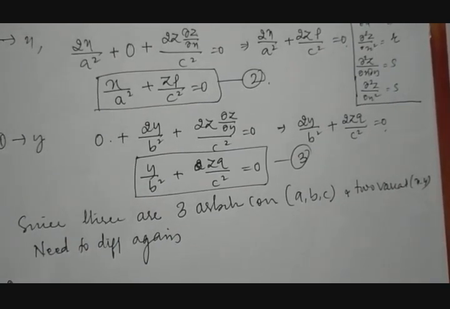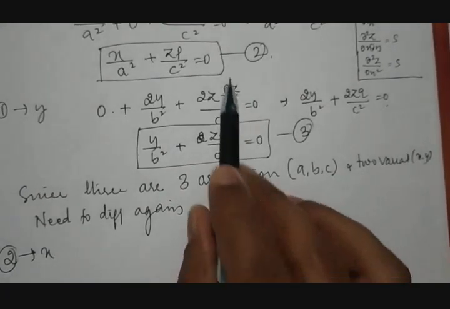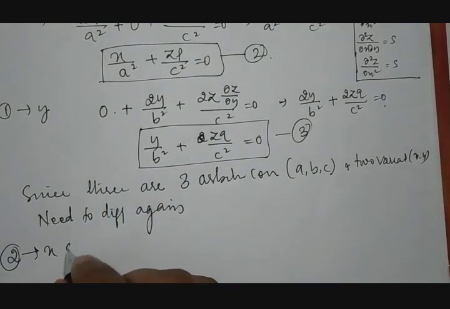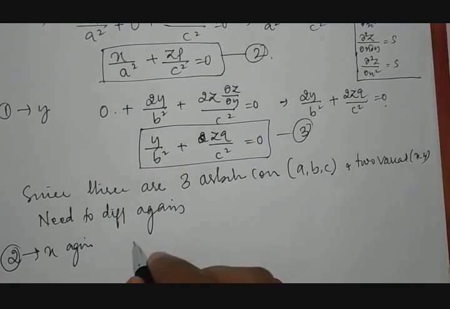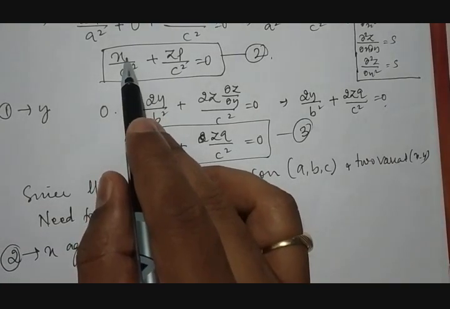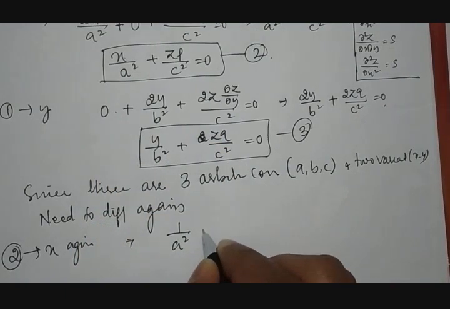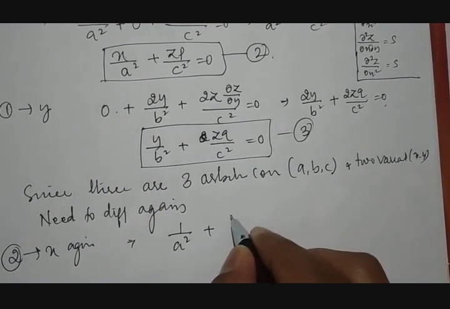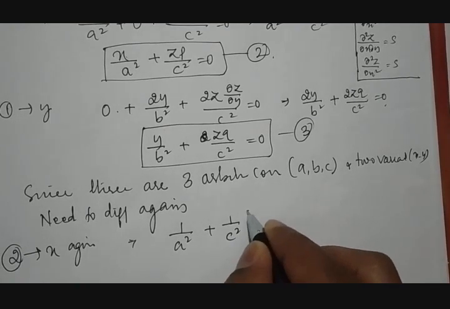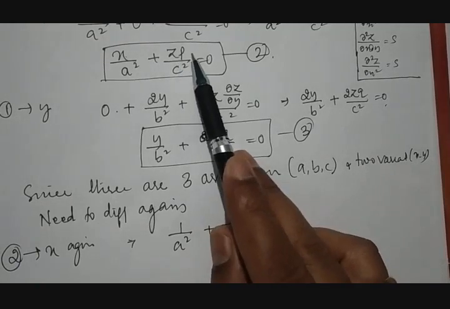So let us differentiate equation number 2 with respect to x once again. Then what we get? If we differentiate this equation number 2 once again, then we will be getting differentiation of x is 1 divided by a square plus 1 divided by c square. I'll take it as a constant term. Then inside the bracket it will be z into p.